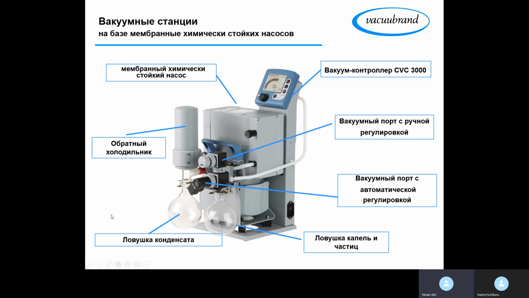Too much vapor coming from, for example, the reactor needs to be condensed, and then it goes down to the receiver, so that the vacuum pump controls the vacuum level more precisely.